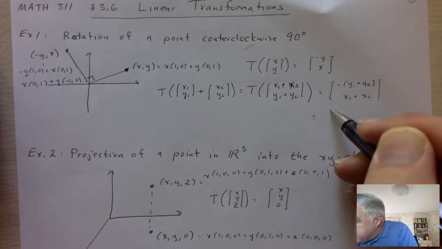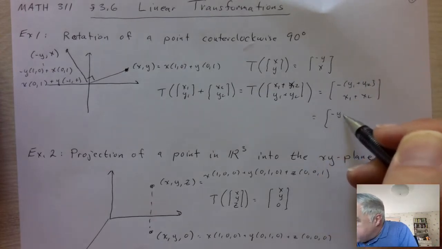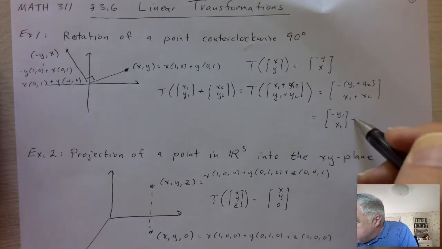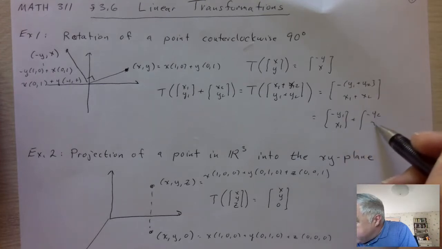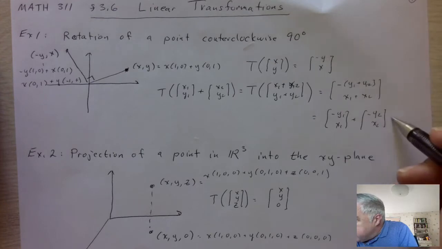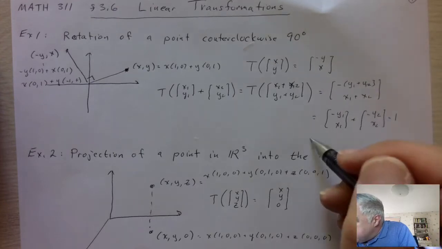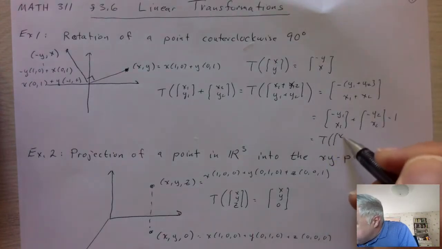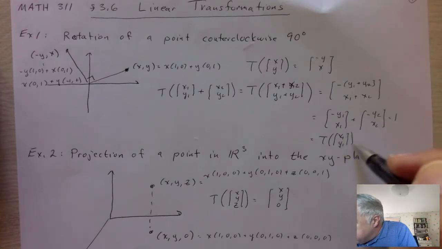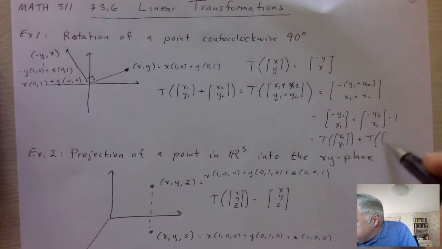If we break this up, this is (minus y1, x1) plus (minus y2, x2), and this is T of (x1, y1) plus T of (x2, y2).